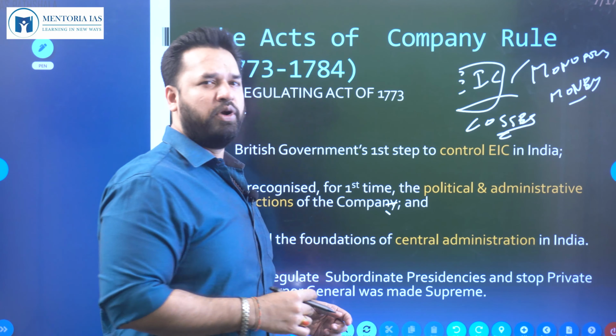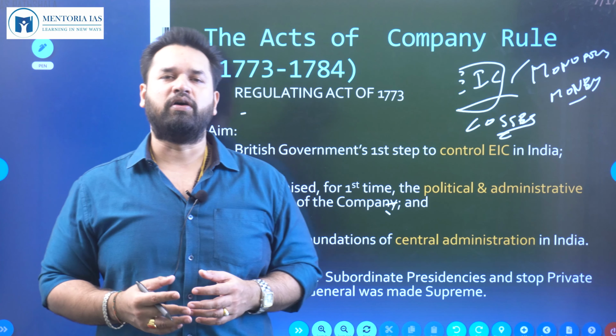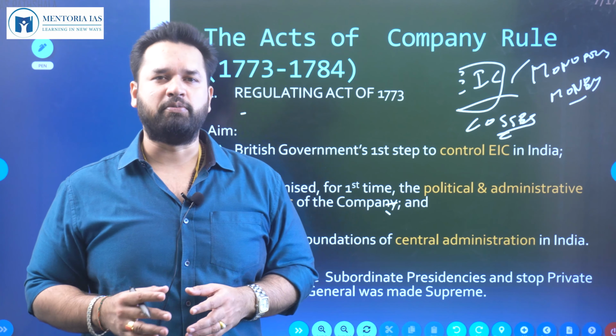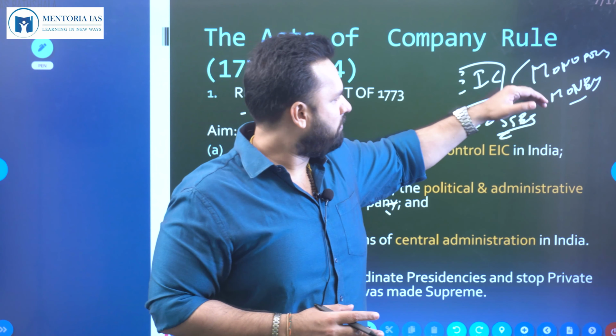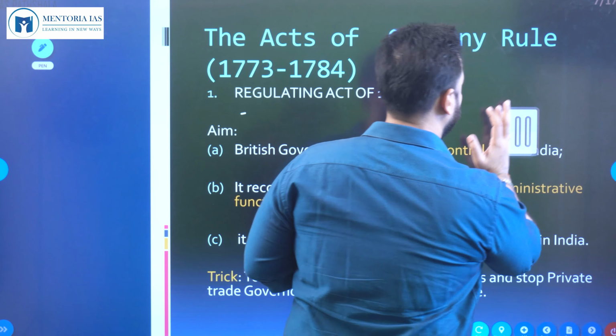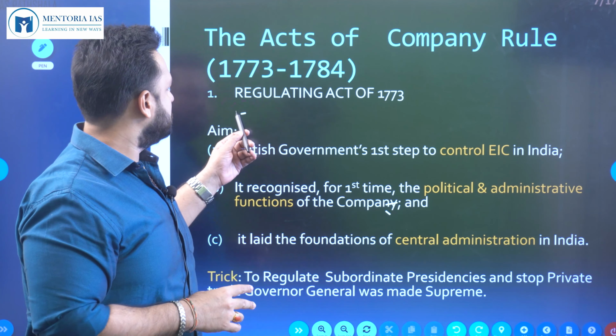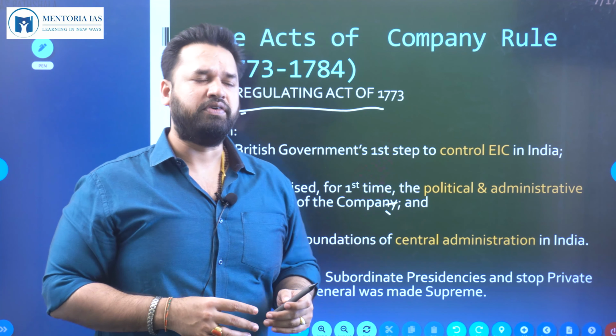So with this, the British government got confused. How come the company was making so much money, went into losses, but the employees became rich? The reason was employees involved in corruption. So to control the employees and to make the company rich, they passed this Regulating Act 1773.